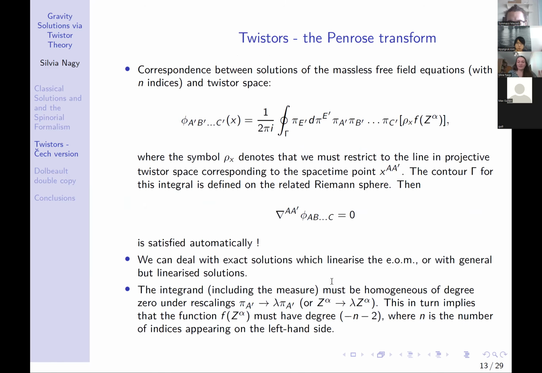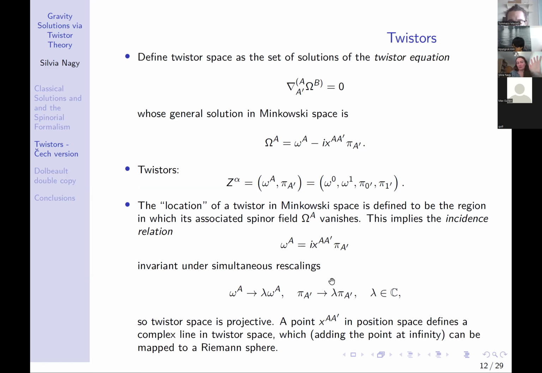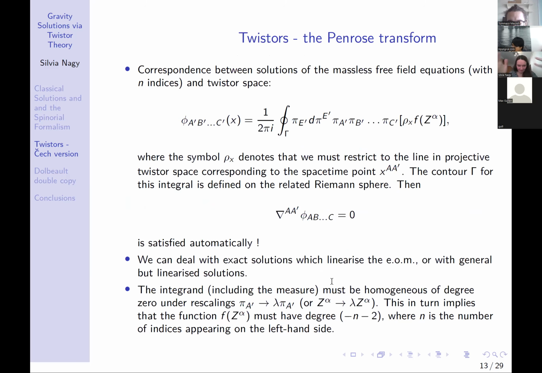Okay, so far we've just linked between space-time and Twistor space, but now let's actually get to some fields. So it turns out that there is a very nice correspondence between these free fields that I was describing earlier and Twistor space. And this goes in the following way.